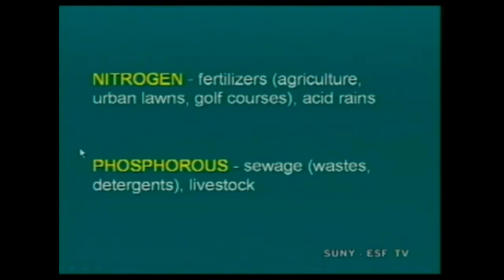Another one is phosphorus, and when it comes to water systems like streams and lakes, it's the most important. This can be through sewage, waste, and detergents used to have a lot of phosphorus in them, which would really change systems. Livestock as well, not just people, but livestock help to input a lot of phosphorus.